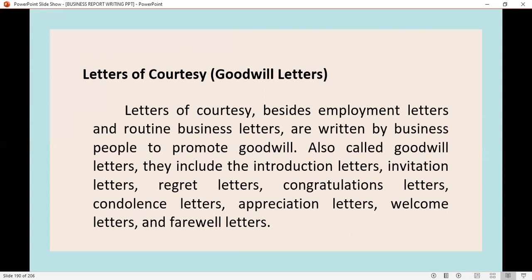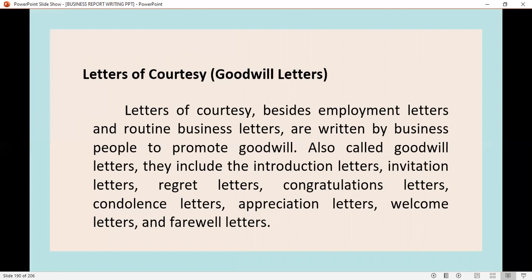Invitation, inviting somebody. Regret, of course, you're regretting something. Congratulations letter, you are greeting congratulations or sending your congratulations to the person. Condolence letter is that you are sending your sympathy and empathy to the person. Appreciation letter, appreciating the service offered or the thing that was given to you.